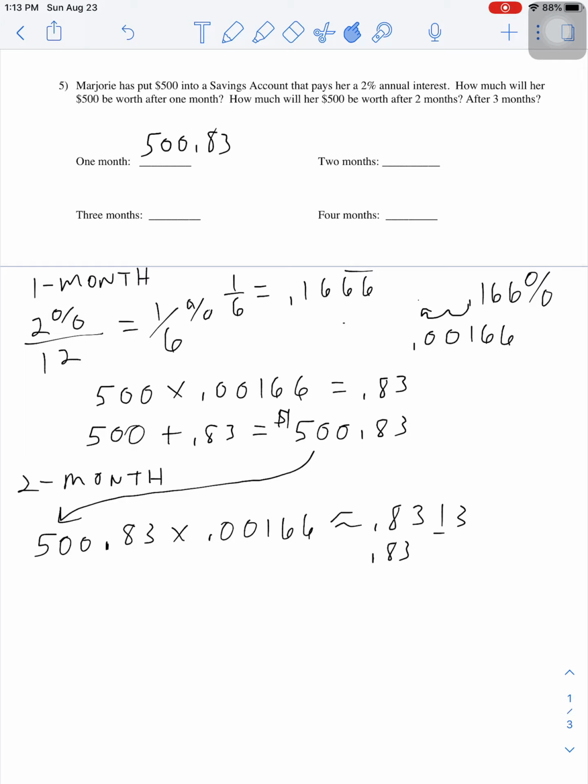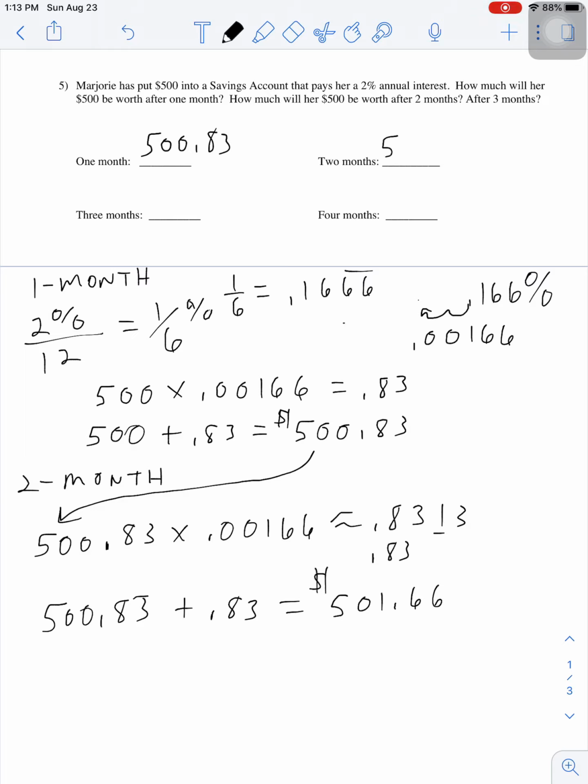So now when I want to figure out what month 2 is for the final total, I have to take the $500.83 that I started off with and add another 83 cents to it, and I'm going to get a grand total of $501.66.